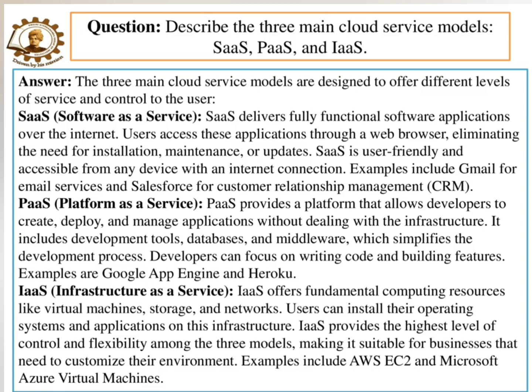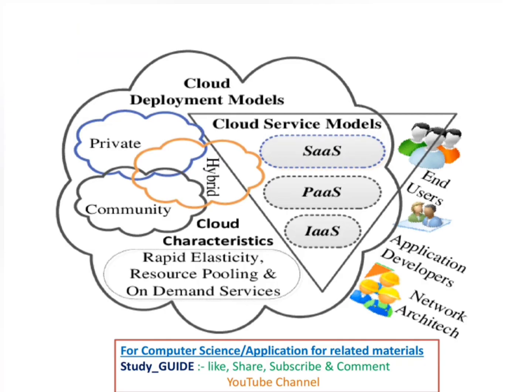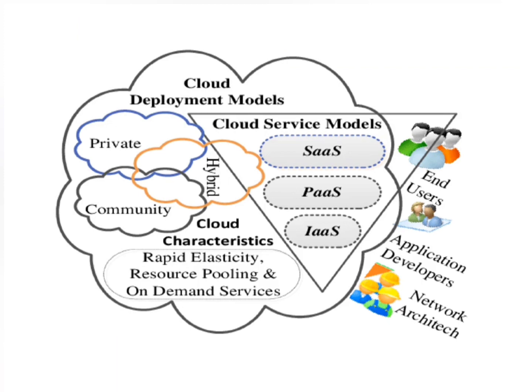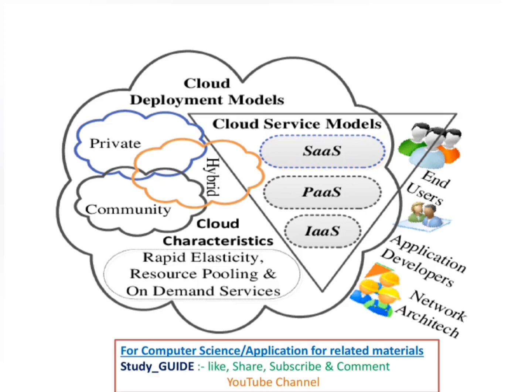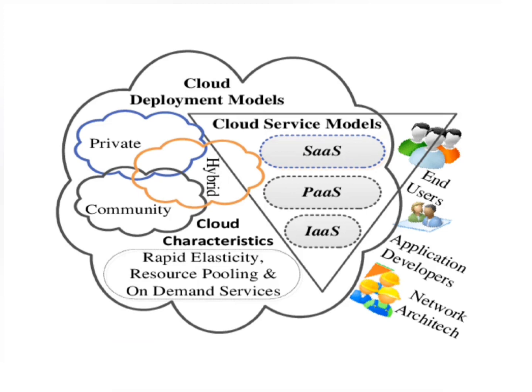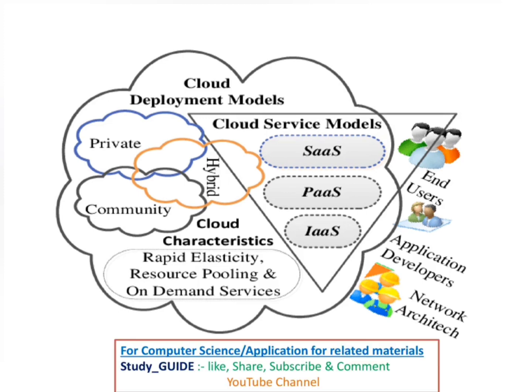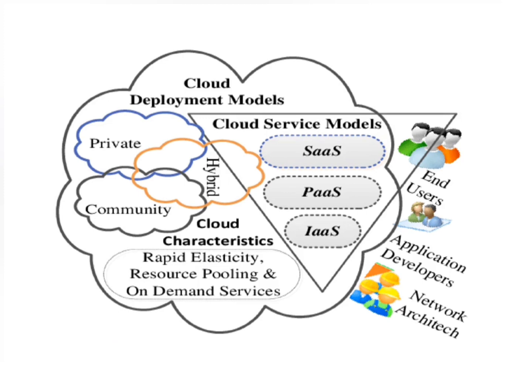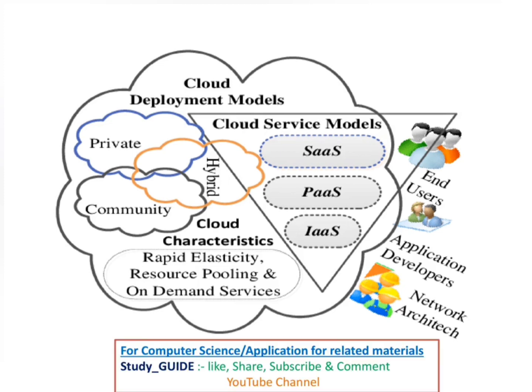Now, let's take an example. Imagine using a service like Microsoft Azure, Amazon Web Services Elastic Beanstalk, or Google App Engine. These platforms provide the foundation for developers to build and run their applications, eliminating the need to set up and maintain their own servers and software.